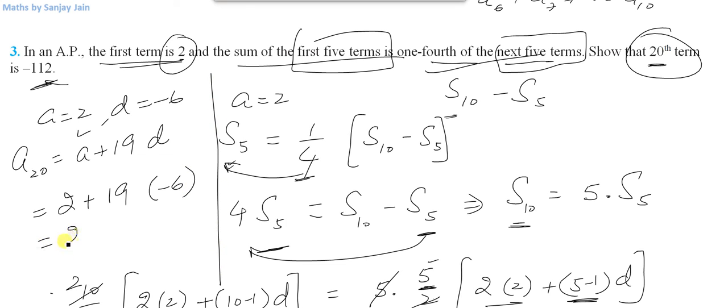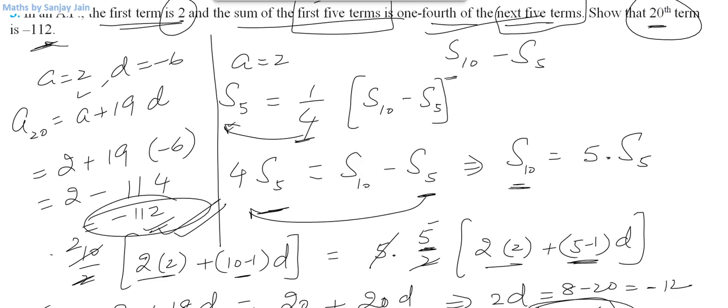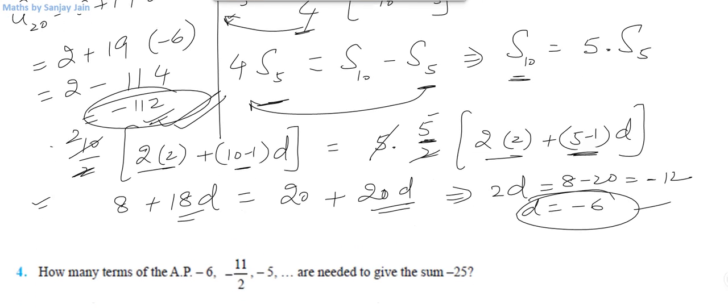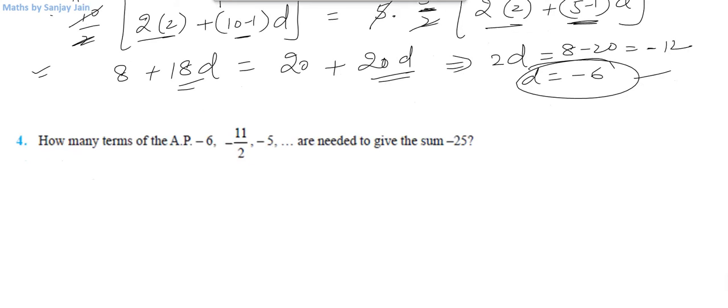So it is equal to 2 minus 19 into 6. This will be 114, right? So it will be equal to minus 112, which is what I need to show, that the 20th term will be equal to minus 112. Okay, so you can say hence proved or leave it here.